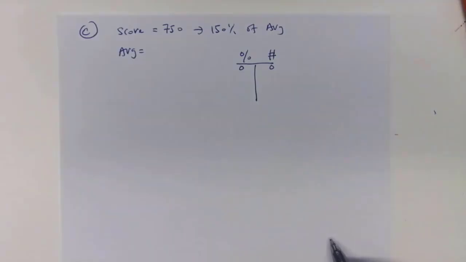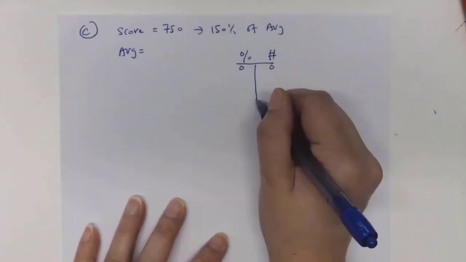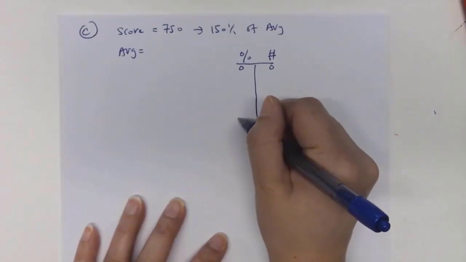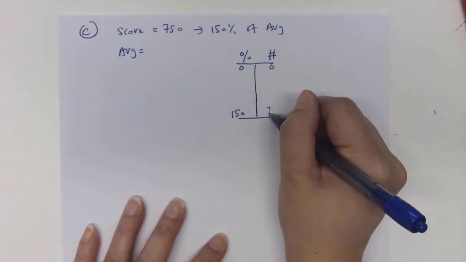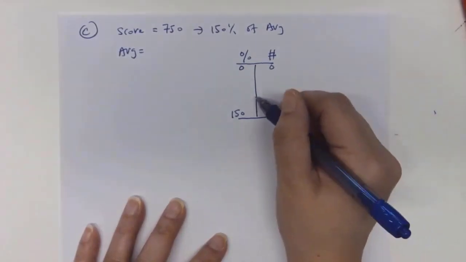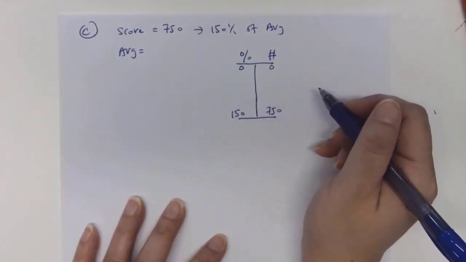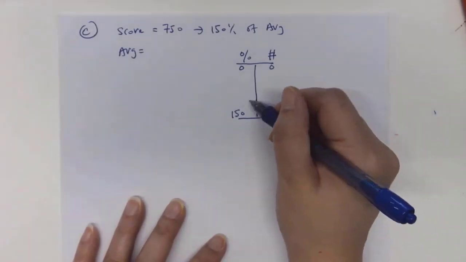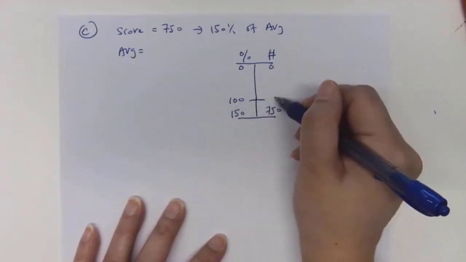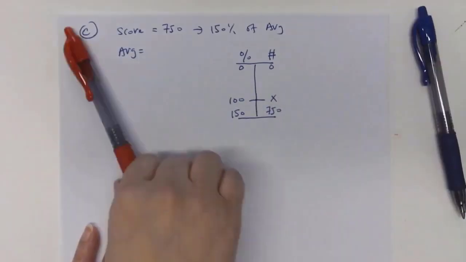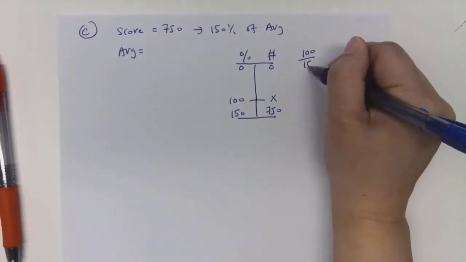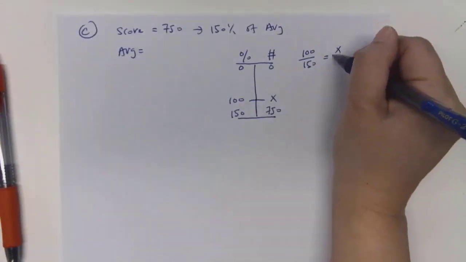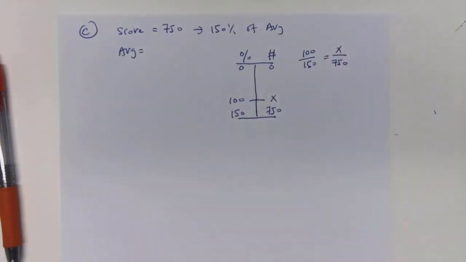They want to know the average score, so average score should count as how many percent? I know 150. 150% is the score of 750, and I don't know the average, and average should count as 100%, so close to here, 100%, we don't know the score. When you set it up on the left-hand side, we're going to have what? 100 over 150 equals x over 750, all right?